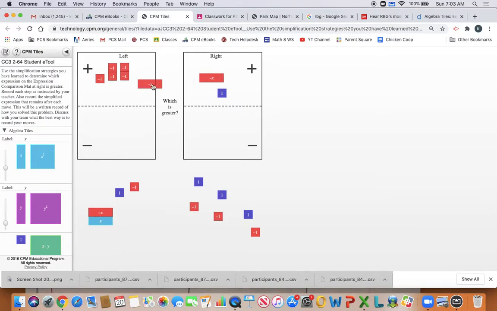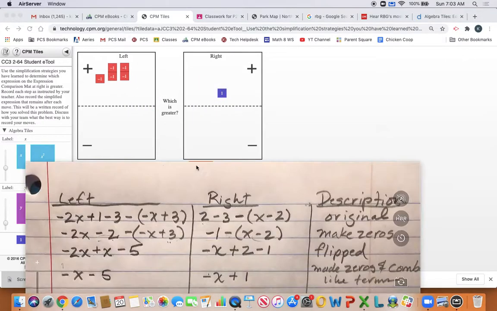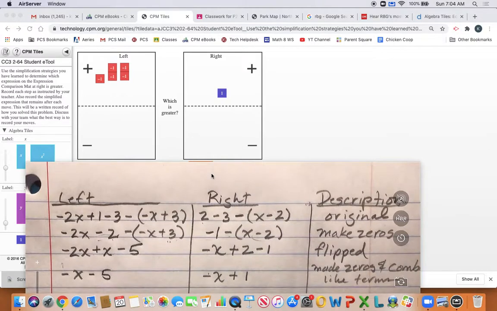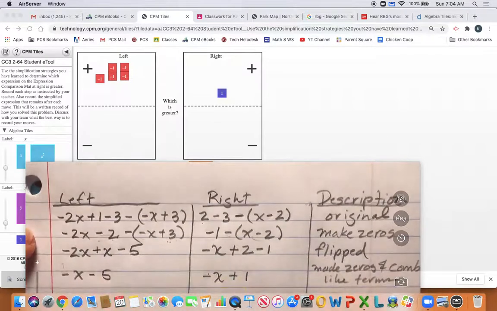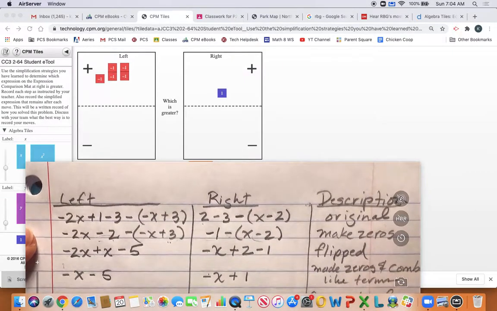Okay, so the last thing that we can do here is we can take the same value tile from both mats and eliminate it. So if I select both these tiles, I'll just pull them both off at the same time. So that move, you'll remember, is called removing tiles from both sides.